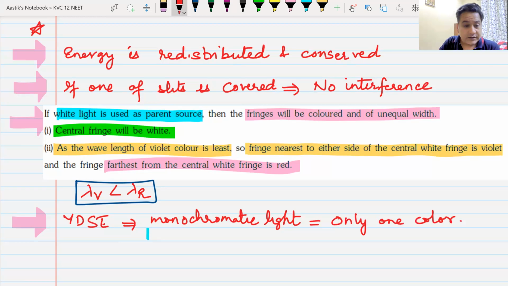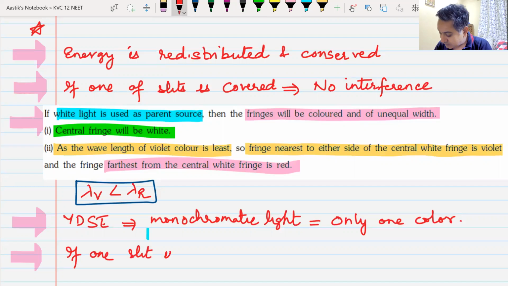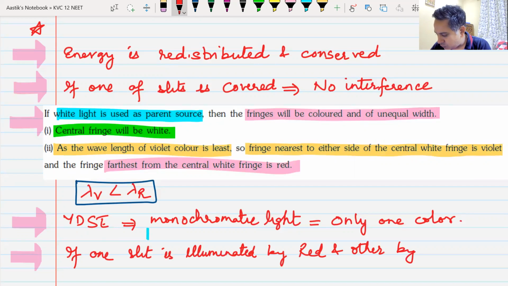I hope everyone is noting down. If one slit is illuminated by red and the other by blue, will you observe interference?